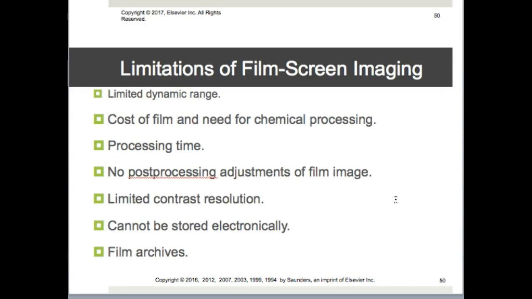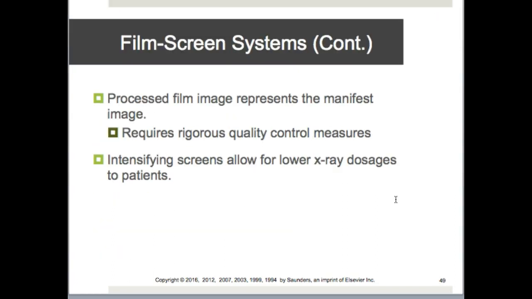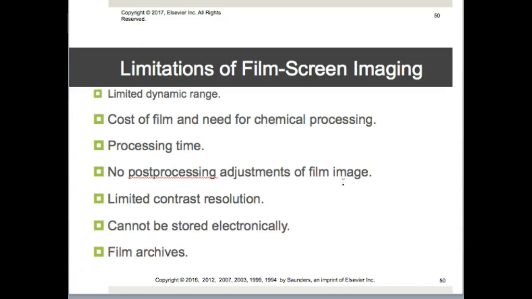All right. The reason why we use intensifying screens is it lowers the dose to the patient. Limitations of film screen: it has a limited dynamic range, and we're going to talk about dynamic range in your 110 class, your recording media class. The cost of film and processing: there's silver within the film, and we have to reclaim all the silver.